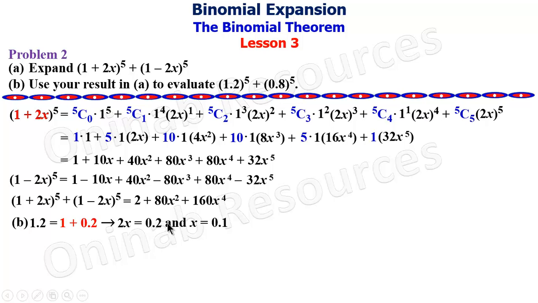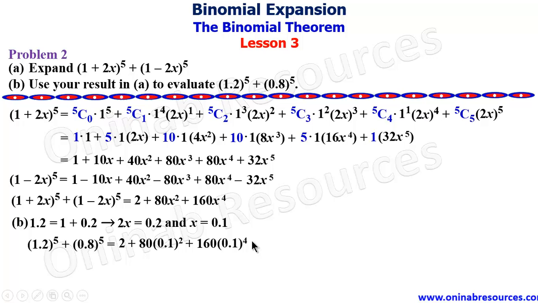After dividing both sides by 2, we now substitute x is 0.1 in this result to get the values of this. So we have 1.2 to the power of 5 plus 0.8 to the power of 5 will be this first term, which is 2, plus 80 into 0.1 squared plus 160 into 0.1 to the power 4.